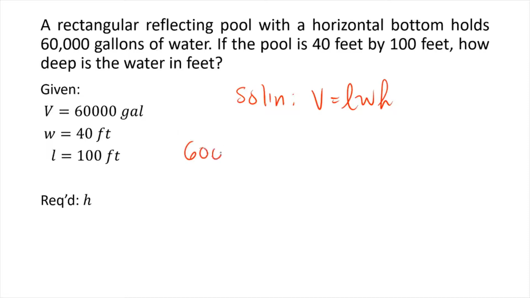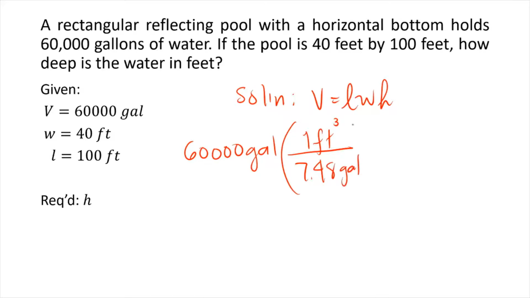For 60,000 gallons, using the conversion factor that for every cubic foot there are 7.48 gallons, equal to the length, which is equivalent to 100. Then the width is 40.